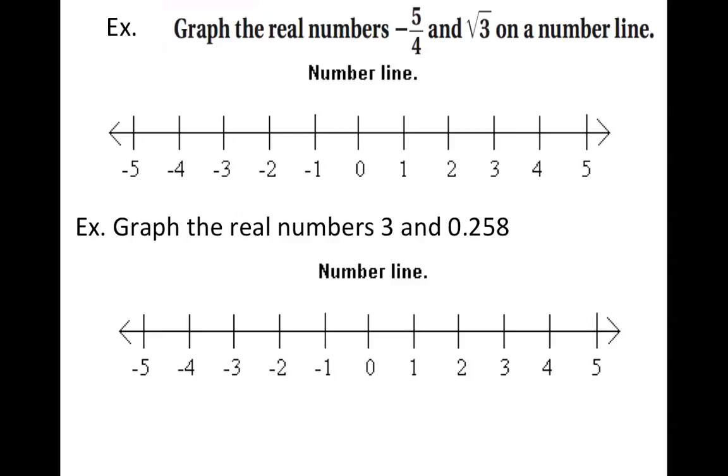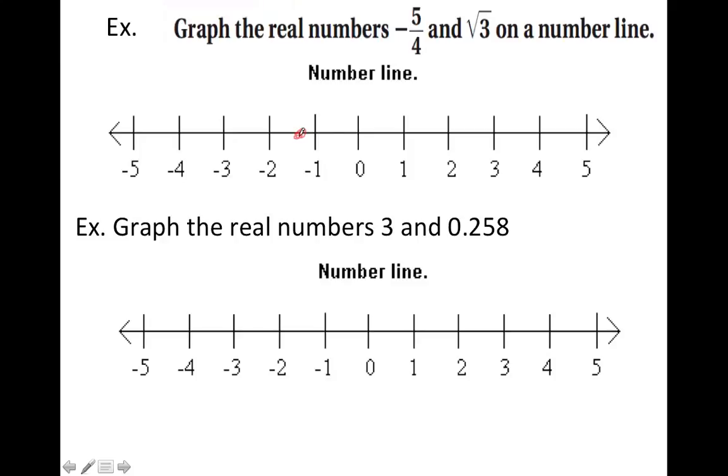So graphing real numbers on a number line, we have -5/4 and radical 3. My suggestion to you is to find a calculator and type in -5/4 and come up with the decimal that it represents. The decimal is -1.25. It's obviously going to be between -1 and -2, but it'll be closer to -1 because it's not greater than half.